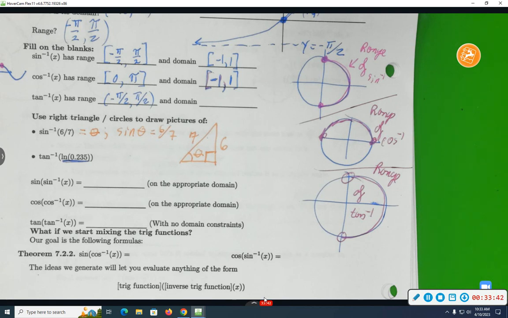So if you want to know what the ln of 0.235 is, then you are asking what power you need to raise e, which is about 2.7, to in order to get 0.235. What type of power do you need to raise 2.7 to get less than 1? Something negative. So this thing has to be negative.